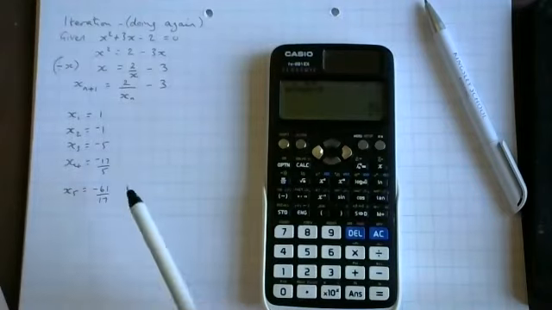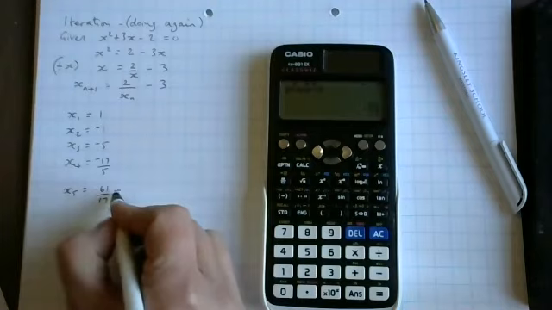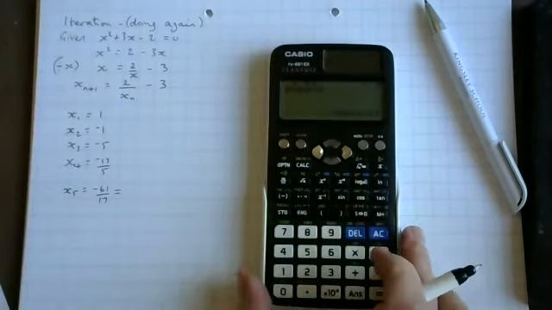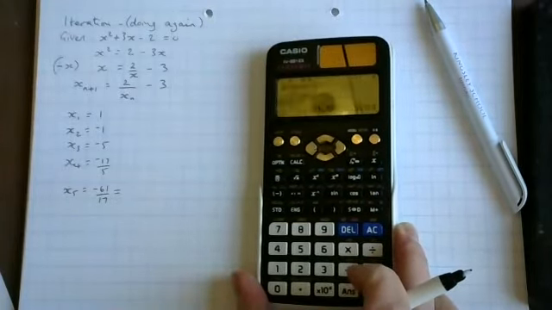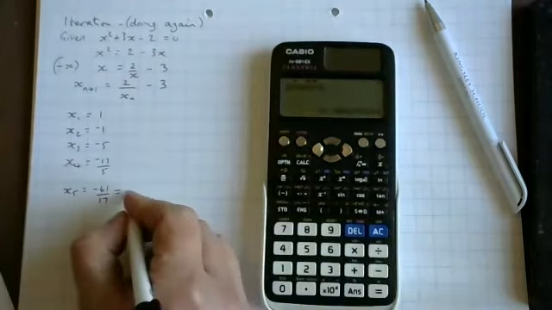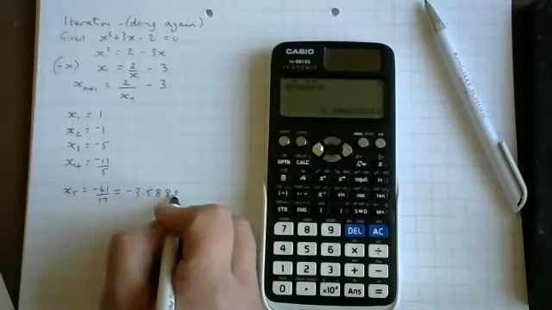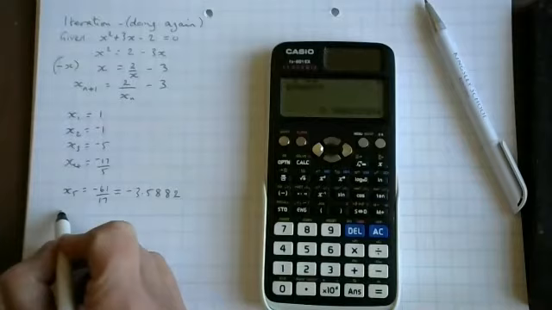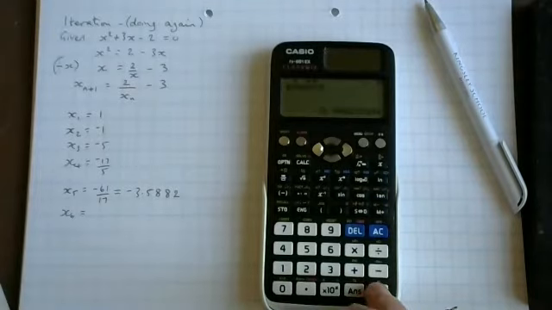Now I don't know how close negative 17 over 5 is to negative 61 over 17. So I'll get this converted into a decimal form now. Press S to D on your calculator. I know it's hard to see that on the screen, but it's negative 3.5882. The next guess, just do it again.